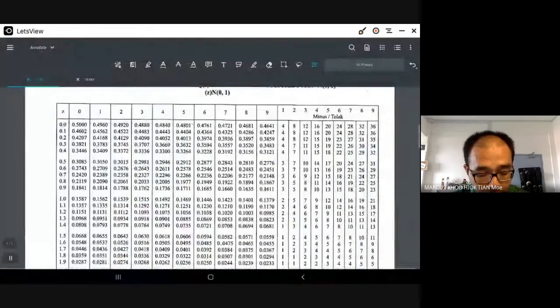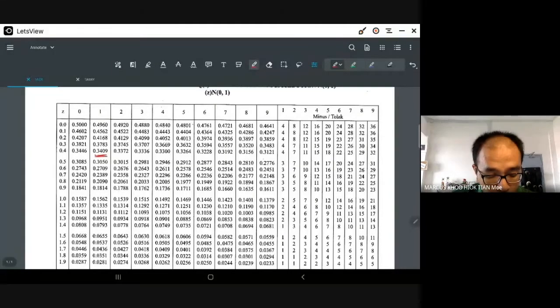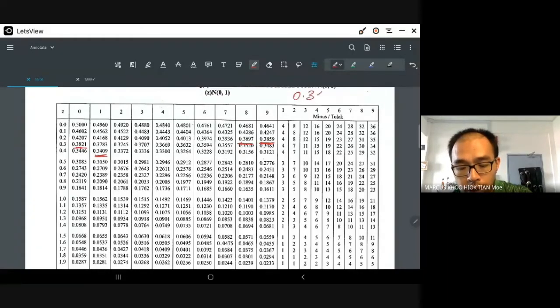Let's look for 0.3851. 0.34, 0.3821, not yet, 0.3859, 0.3897. So just now we want 0.3851. The nearest we have is this 0.3859.